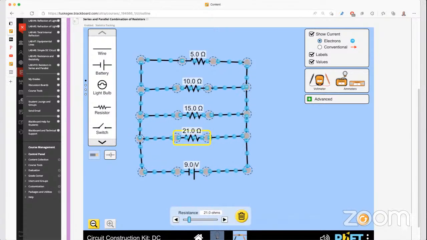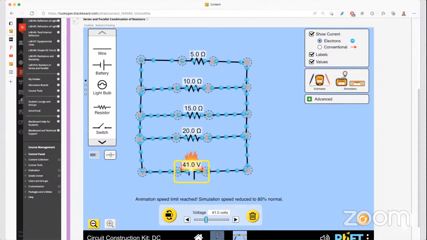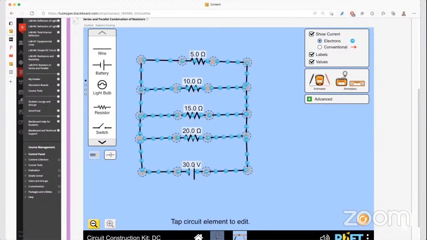You know, the current in the other one was 0.9 amps, and the 5, 10, 15, 20, and then the battery was 45. Okay, here it gives us a warning, the animation speed limit reached. So we're going to reduce the voltage to like 30 volts to stay within the speed of the animation.